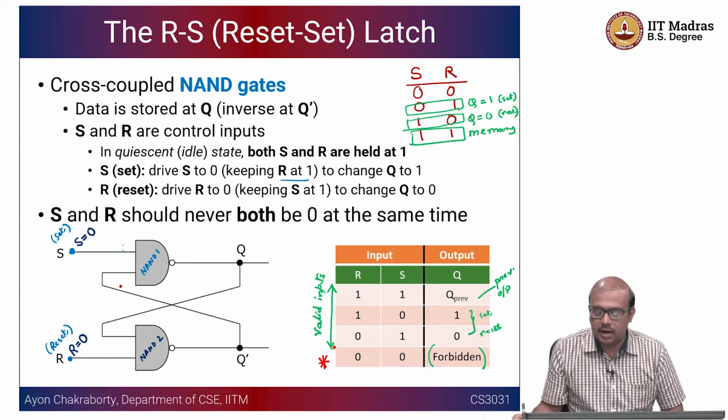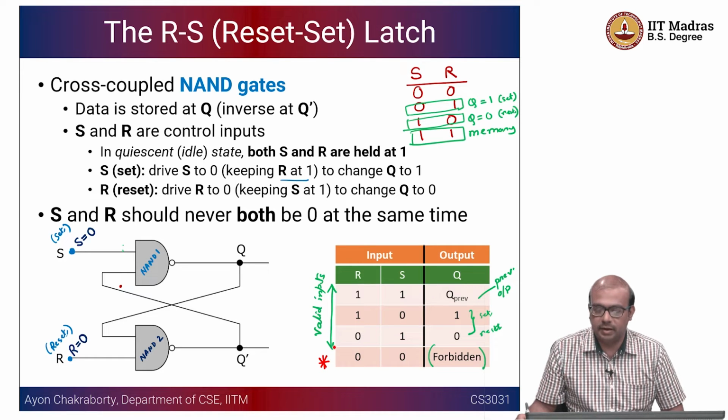if you use R and S both equal to 0, this is not something anticipated, or this is called a forbidden set of inputs. The circuit is not going to behave in a logical manner, or in a deterministic manner, I would say, if we put both R and S equal to 0.